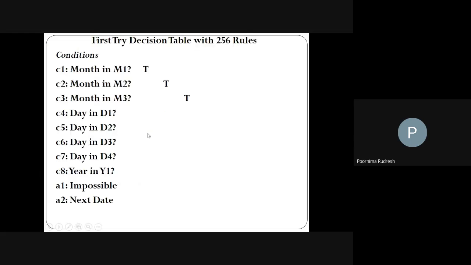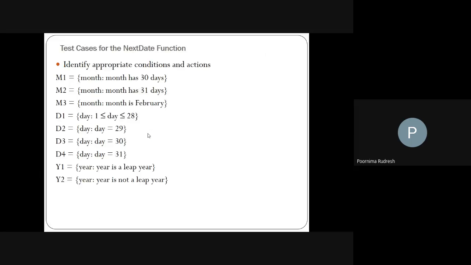Next, the first try with the decision table with the 256 rules. Here we are considering the first try and the second try. In the first try, we are considering the months which are true for only one value. So for month, what are the values defined? M1 is defined as 30 days, M2 is 31 days, and M3 is February.